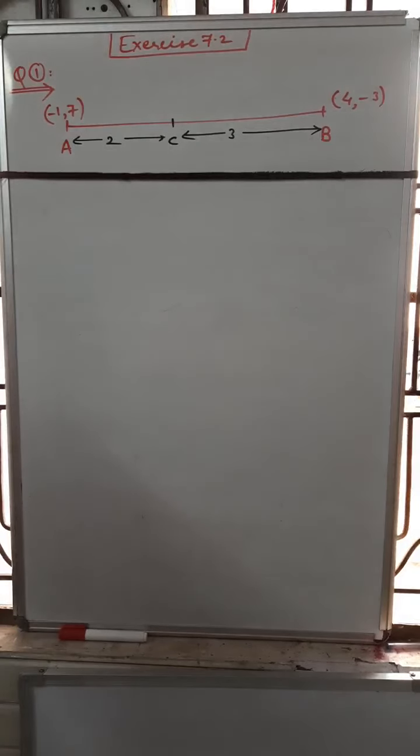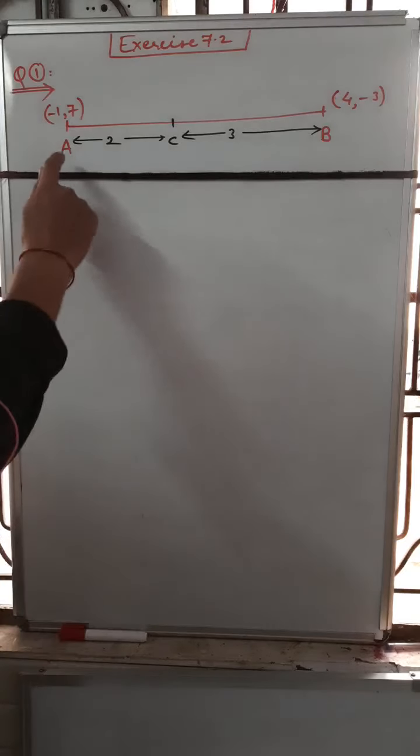Read the question twice or thrice before solving any problem. Find the coordinates of the point which divides the join of -1, 7 and 4, -3 in the ratio 2:3.